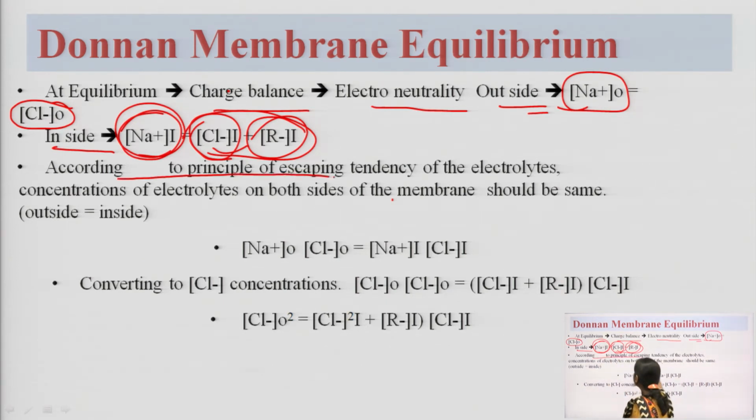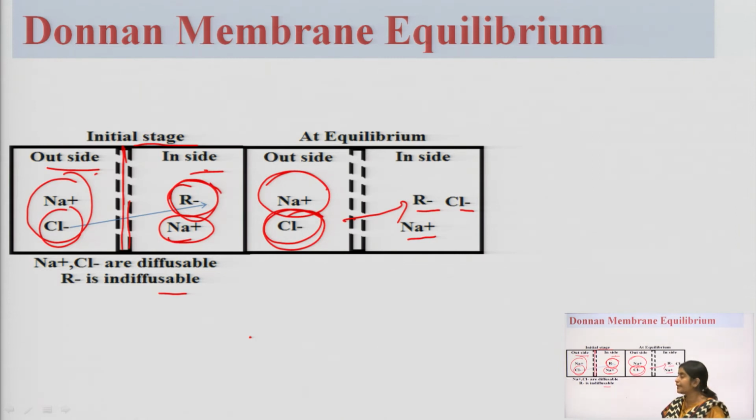Then according to the principle of escaping tendency, as I said, on both the sides of the membrane the concentration of electrolytes will be same. That means Na plus and Cl minus concentration will be same outside and inside.